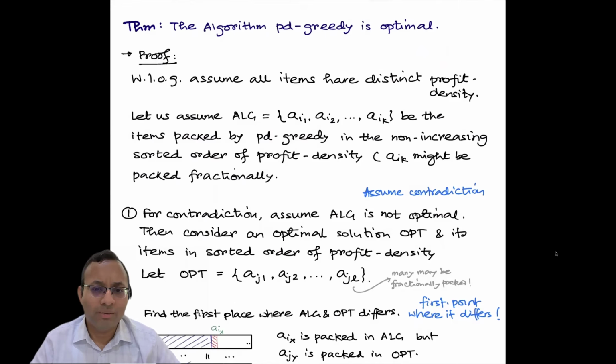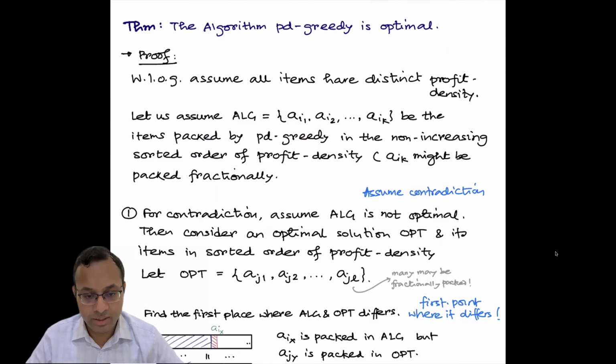So for now, assume all items have distinct profit density. We don't need this because if the items have the same density, we can just merge them together and consider a single item as well. Then assume the algorithm is giving some packing AI1, AI2, ..., AIK according to non-increasing profit density, where maybe the last item can be packed fractionally.